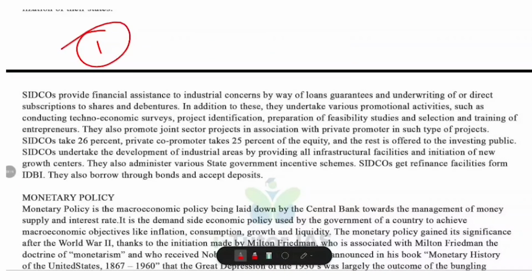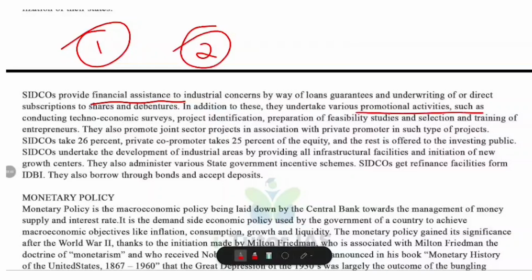So, first function is financial assistance. SIDCOs provide loans, give guarantees, and even underwrite or directly subscribe to the shares and debentures of industrial concerns. So, they help industries raise funds in multiple ways, not just by giving loans. Then, promotional activities is also a function of SIDCOs.